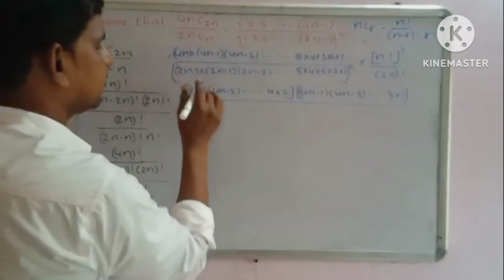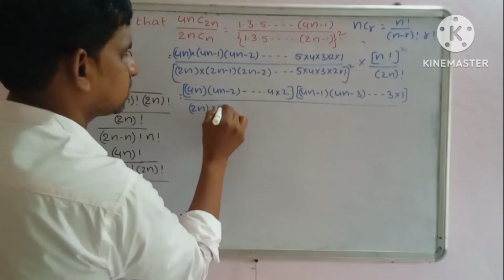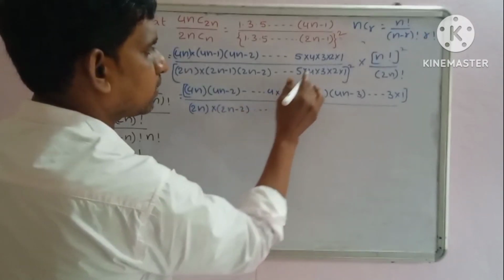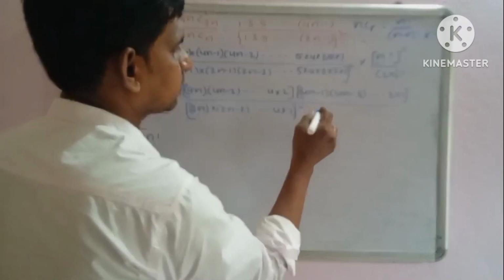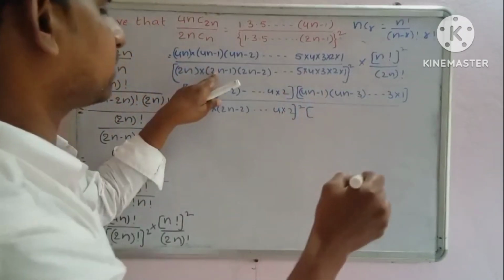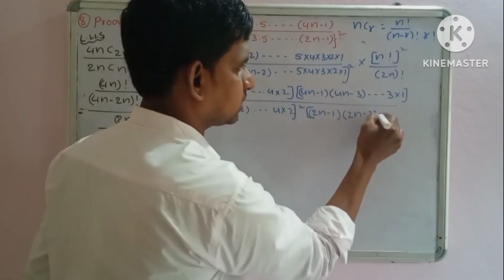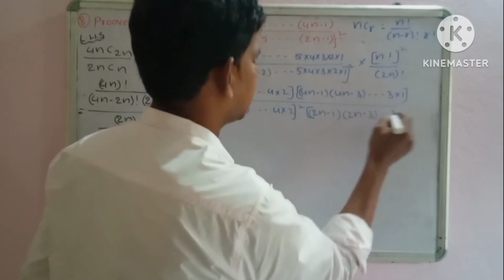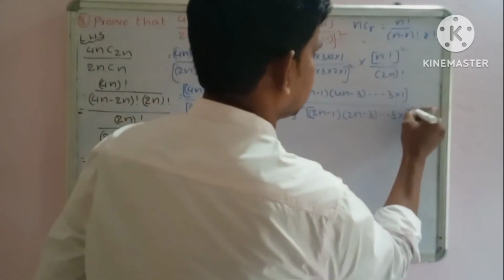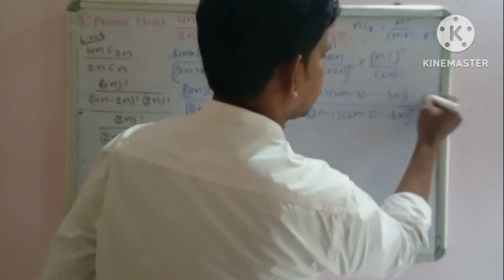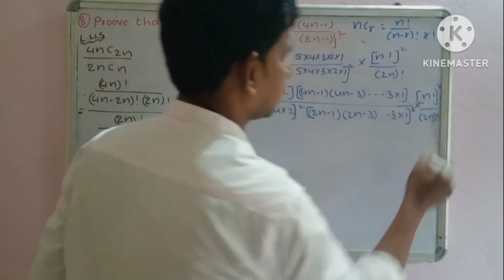In the denominator 2n, here also separate even terms and odd terms. 2n, next even term is 2n minus 2, so on 4 into 2, square. Odd terms: 2n minus 1, next odd term is 2n minus 3, so on 3, 1. Here also square. So square into n factorial whole square by 2n factorial.